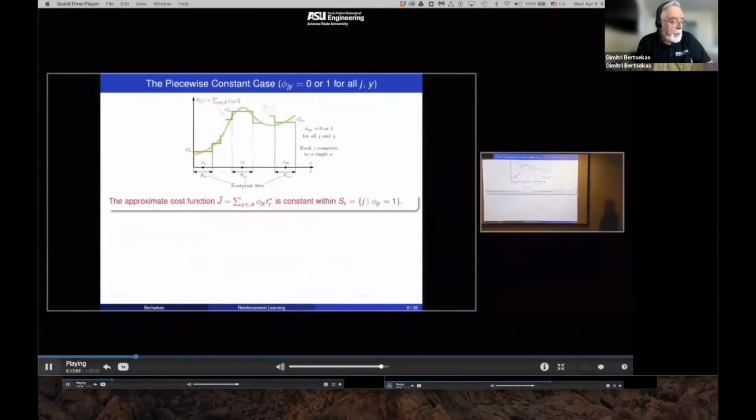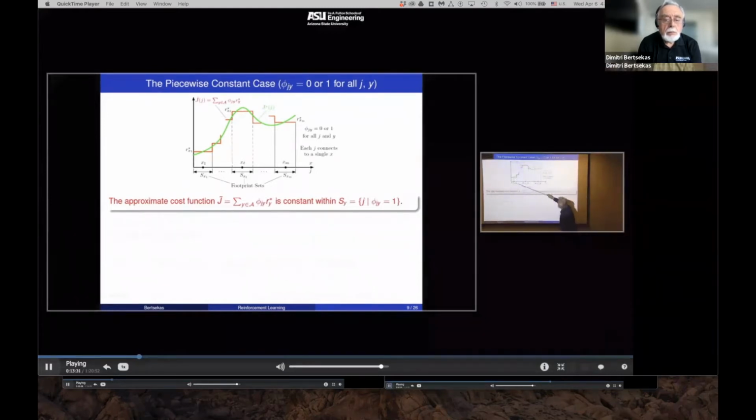And for another picture, now I'm considering again the simple case of piecewise constant, where all the phis are either 0 or 1. The green function is J star, okay? On this axis are the states and the representative states.